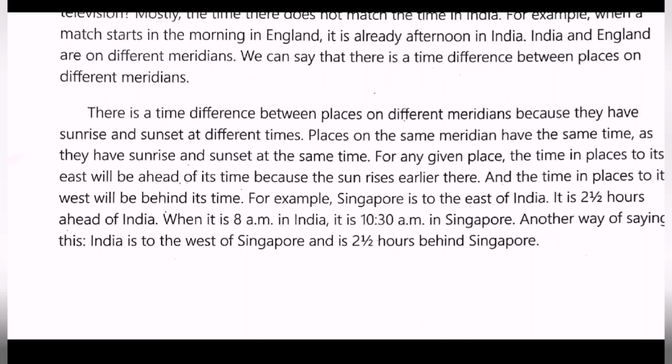When the lines of latitude and the lines of longitude meet at a place, these crisscross lines are called a grid, and we can find out the location of a place from the grid.